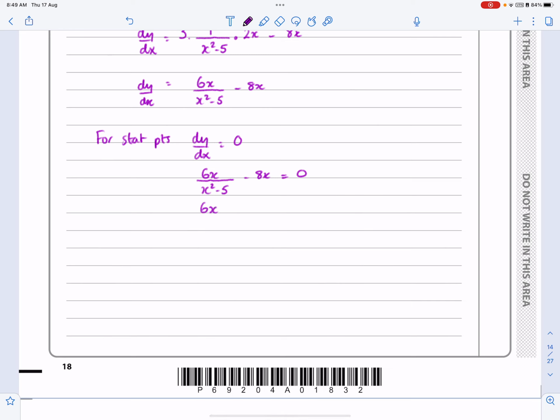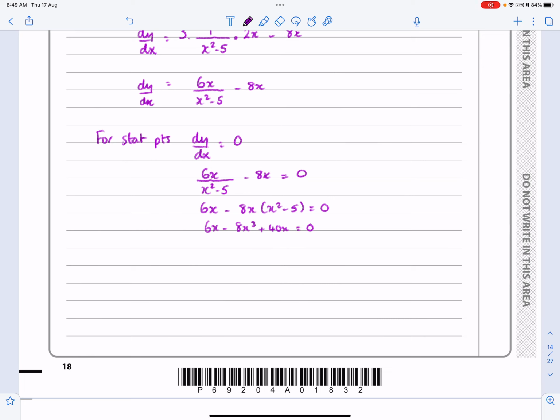I'm going to get 6x minus 8x(x squared minus 5) is equal to 0. Let's multiply this all out and tidy it up. I'm going to get 6x minus 8x cubed plus 40x equals 0.